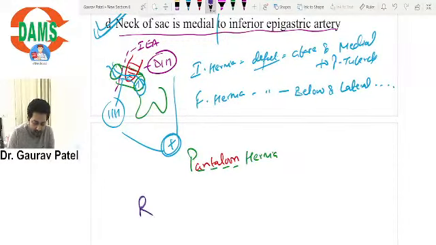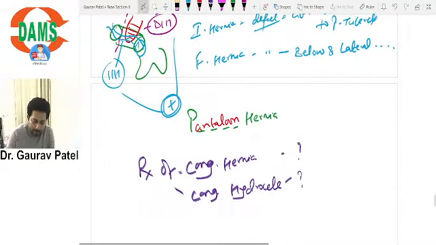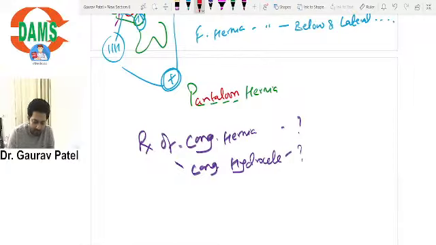Suppose the question is, what is the treatment of congenital hernia and the treatment of congenital hydrocele? What is the answer? And one more question.